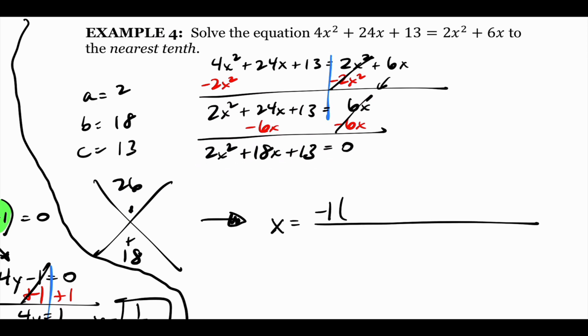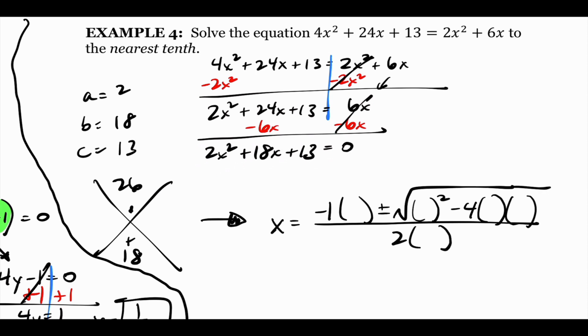So: negative b plus or minus the square root of b squared minus 4 times a times c, all over 2a. 18 goes here and here, 2 goes here and here, and 13 goes here.